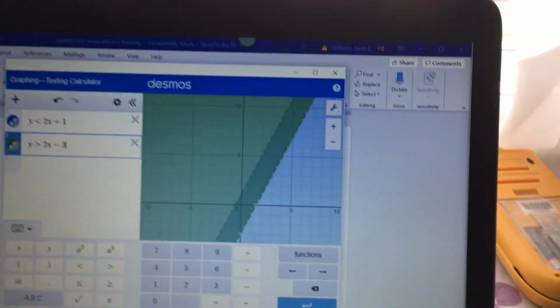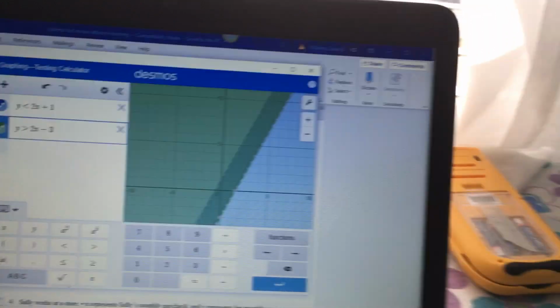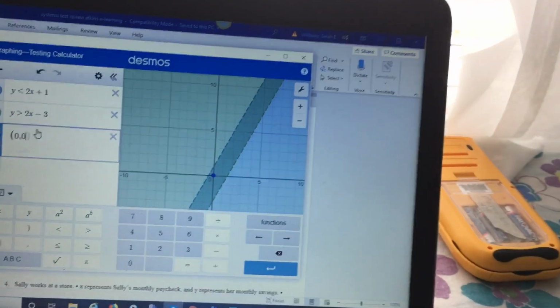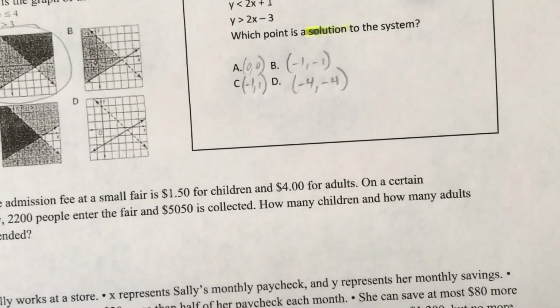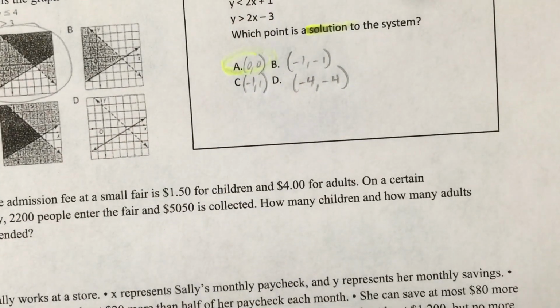Okay, so you have this, and remember that the strategy on this is to also put your answer choices into Desmos, so parentheses 0, 0, and I can stop right there because 0, 0 is right here, it is in the double shaded portion, so that is a solution. So A is correct.